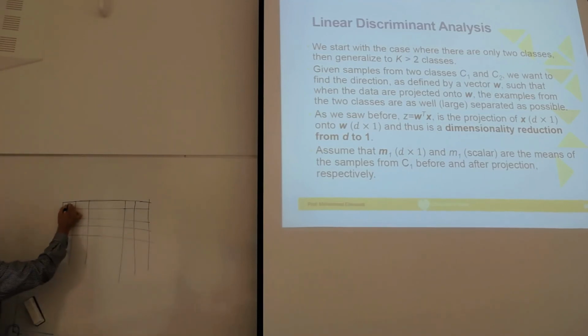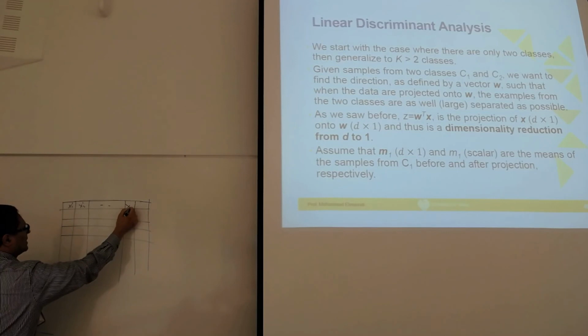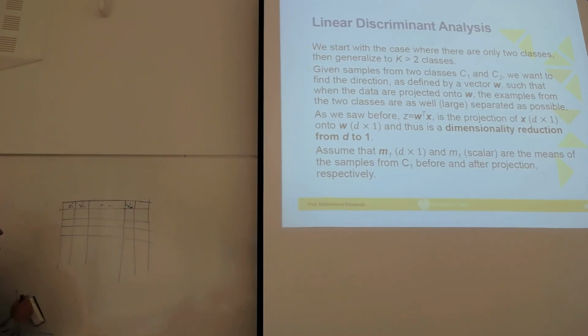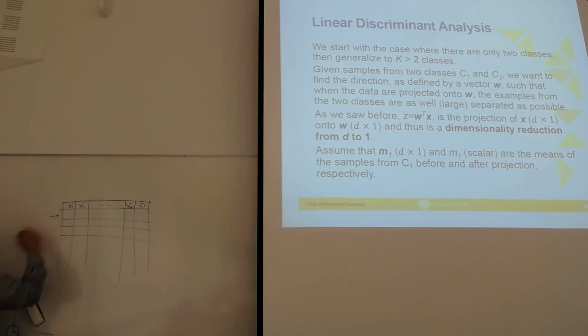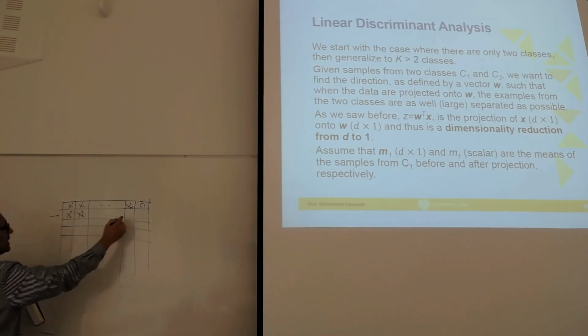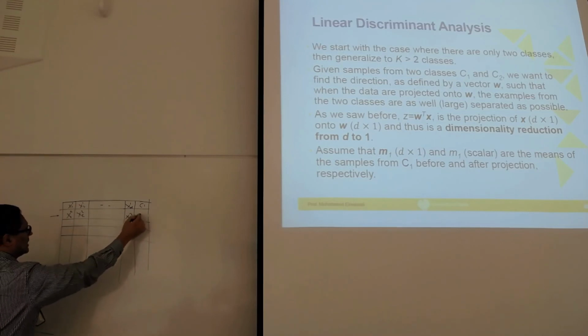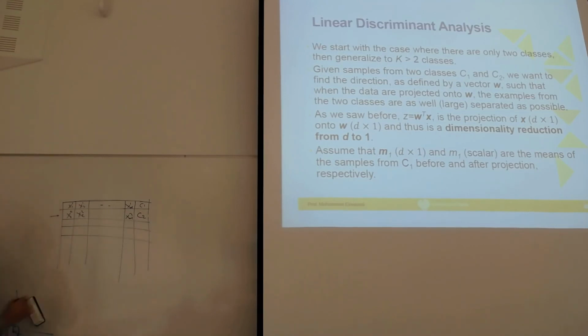For example, here we have x1,1, then x2,1, until xd,1. This is the first sample, and it belongs to one of the classes, for example, C1. And then we have the second row of samples. It is x1,2, x2,2, until xd,2, and it belongs, for example, to class 2, and so on.